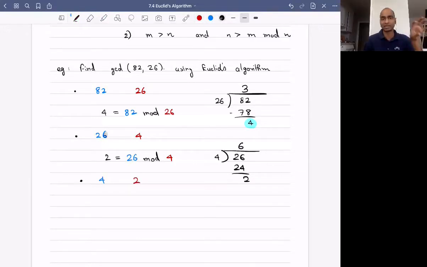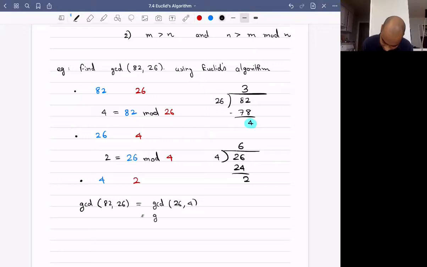And because 2 divides 4, GCD of 2 and 4 is 2. And so GCD of 82 and 26 is the same as GCD of 26 and 4, which is the same as GCD of 4 and 2, which then equals 2.